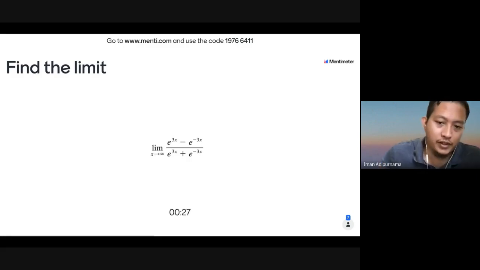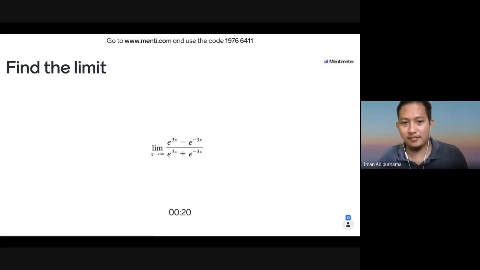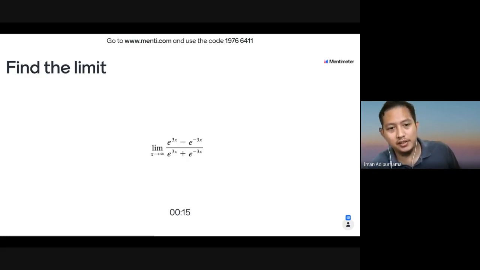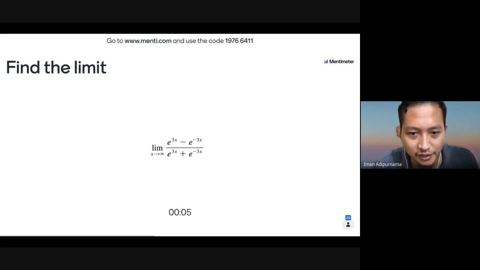Type the number if you find the number. You need to write something if you want to check. 5, 4, 3, 2, 1.